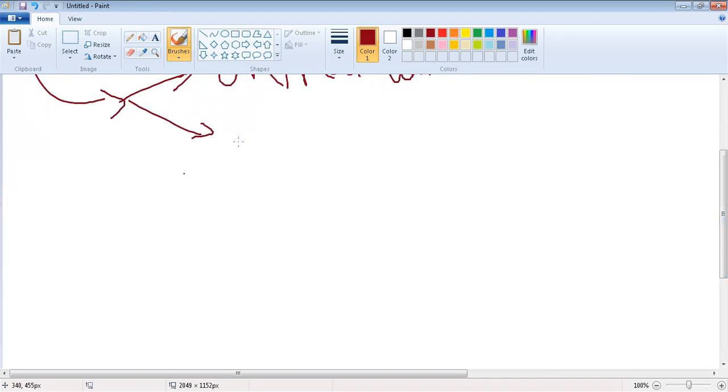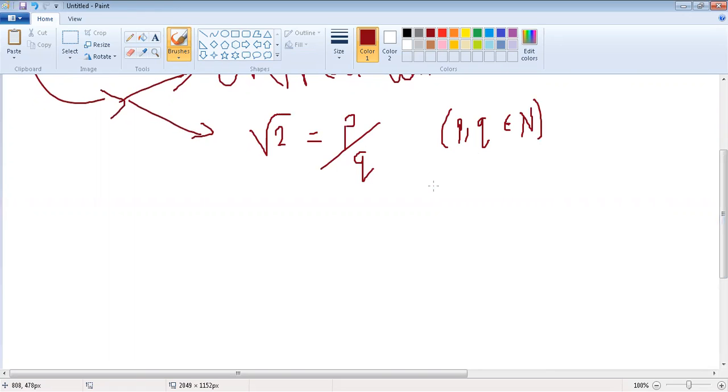So let's assume for the sake of contradiction that root 2 is p over q. Now p, q are naturals.